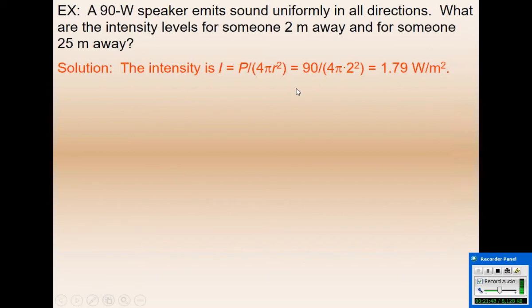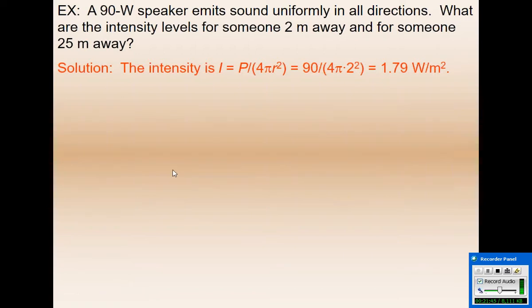Because the sound is emitting uniformly in all directions, because it's isotropic, we can calculate the intensity as power output divided by 4 pi r squared. For someone 2 meters away, r is 2. 90 divided by 4 pi times 2 squared. The intensity is 1.79 watts per square meter.